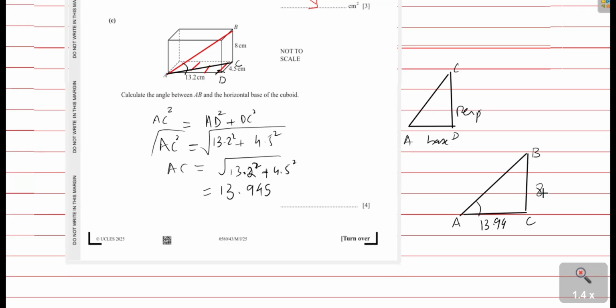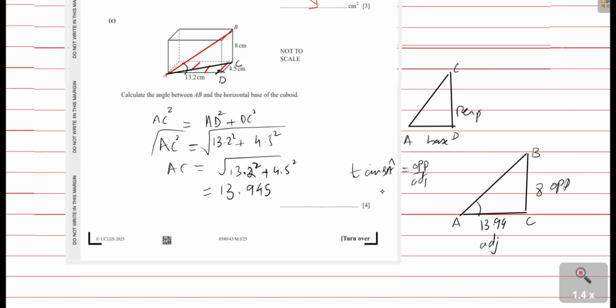Here are two sides in this triangle given. This is the opposite side of the angle we mention here, and this is the adjacent side of the triangle. By using this trigonometric ratio, opposite over adjacent, that would be equal to tan of angle BAC.